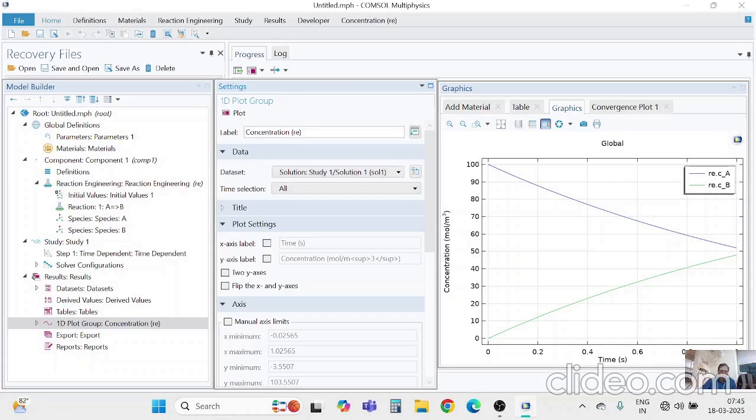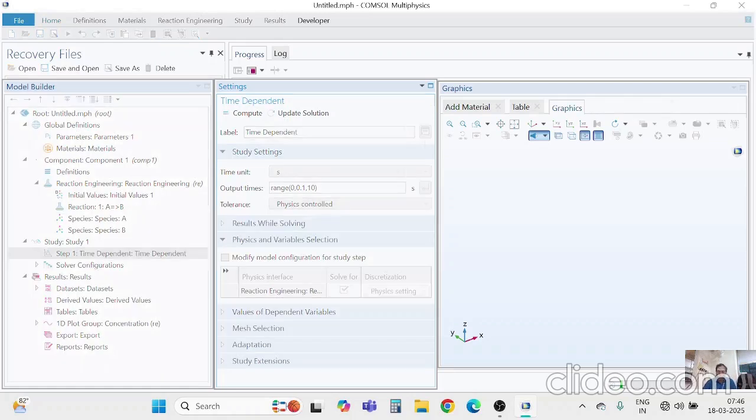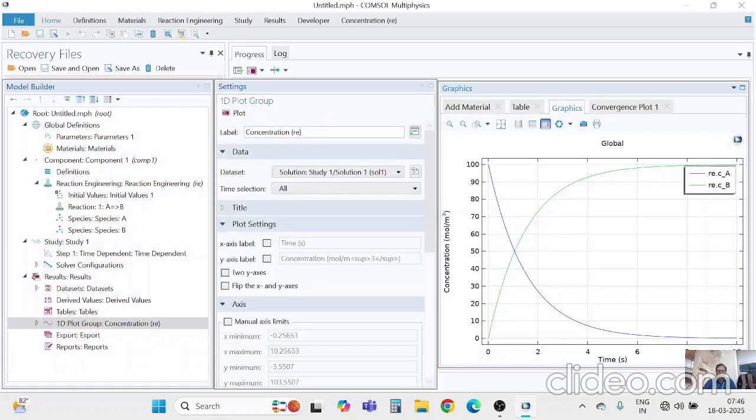We'll be getting the results. From 100, it is going to be decreased. Then B is going to be formed. Find the time to extend the time interval, instead of 1 to 10, then go for compute. These are the results we'll be getting.